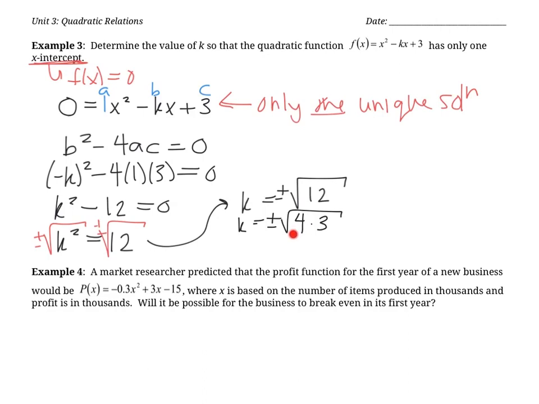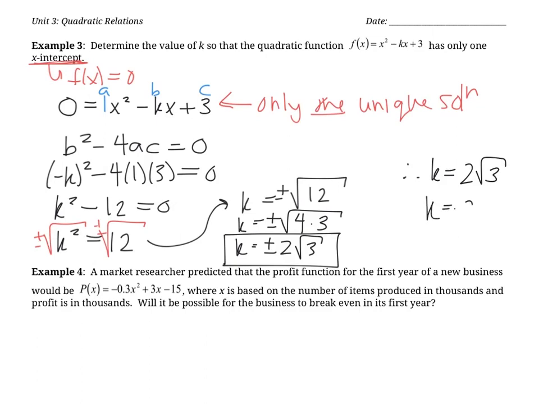We're going to simplify the square root of 4 to 2. So we know k is equal to plus or minus 2 root 3, and there is our final solution. So therefore, in order for this equation here to have exactly one solution, our k value can equal 2 root 3, or k can equal negative 2 root 3.